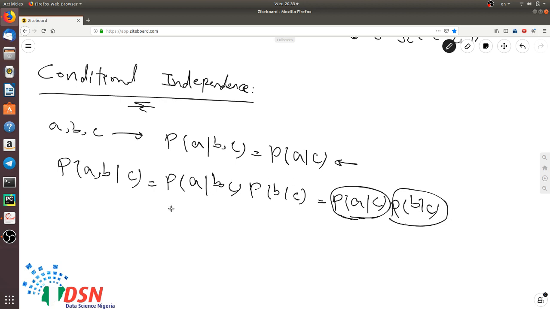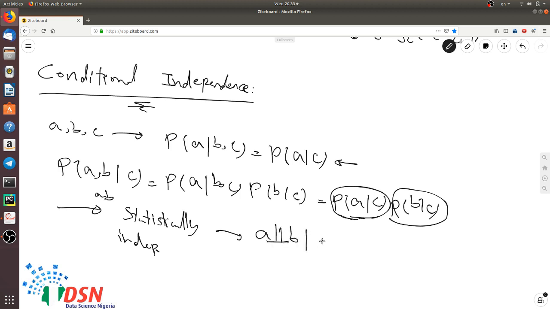In this case, we say that a and b are statistically independent given c.